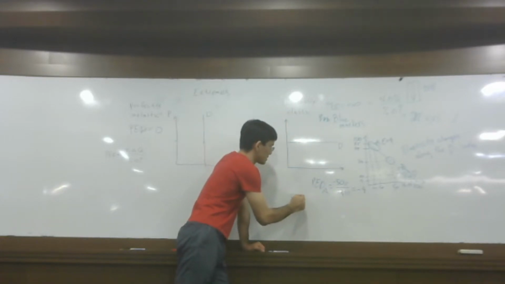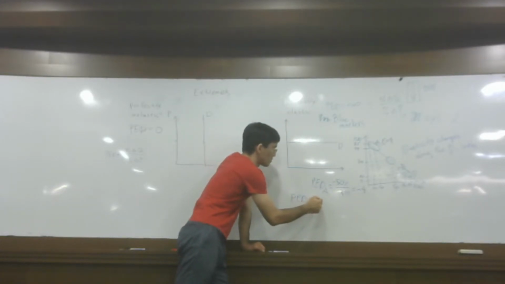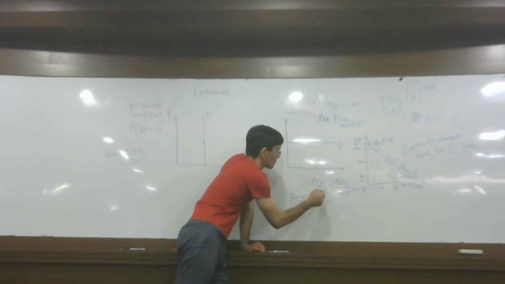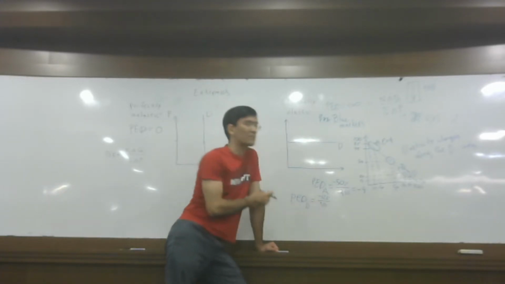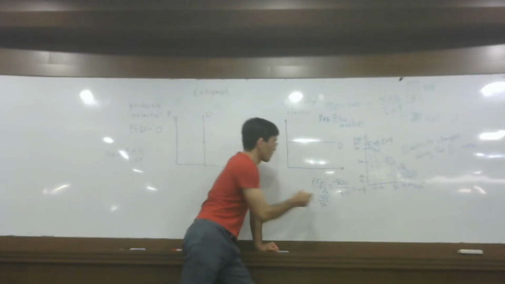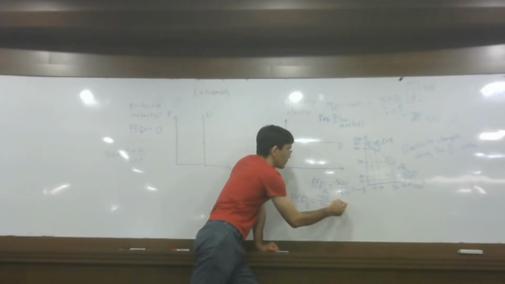So price elasticity of demand in section B is going to be the quantity decreased by 12.5% when the price increased by a whole 50% from 15 to 25. That's -1/4.